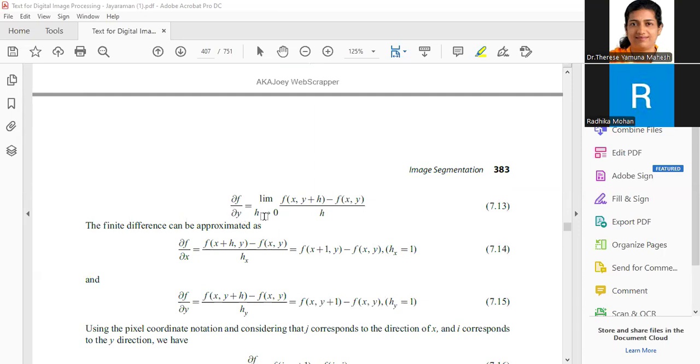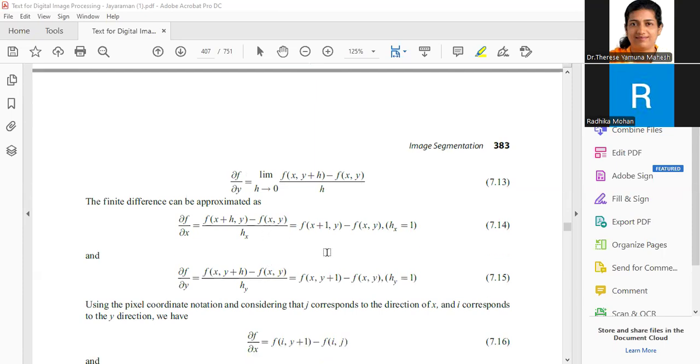Similarly, if you take the derivative with respect to y, it will be dou f by dou y, limit h tends to 0, f of x comma y plus h minus f of x comma y, by h. Here also you can substitute h as 1, and x remains constant.